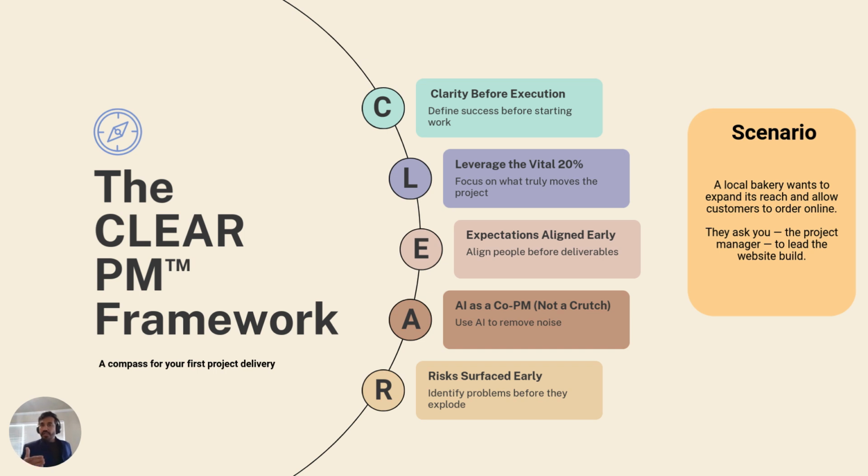Now think about these 5 steps: clarity, leverage the weight 20%, expectation alignment, AI, and identify the risk. How can you put this step by step so that you can easily move and deliver this project within a timeline and within a budget?